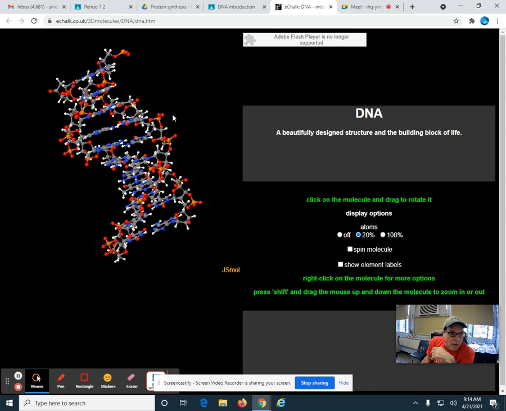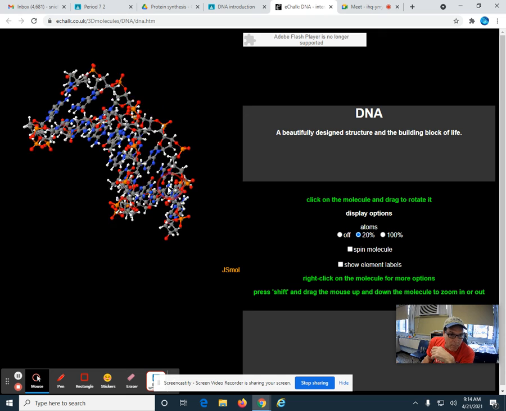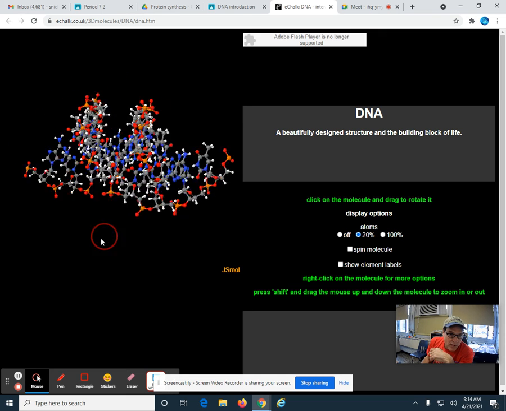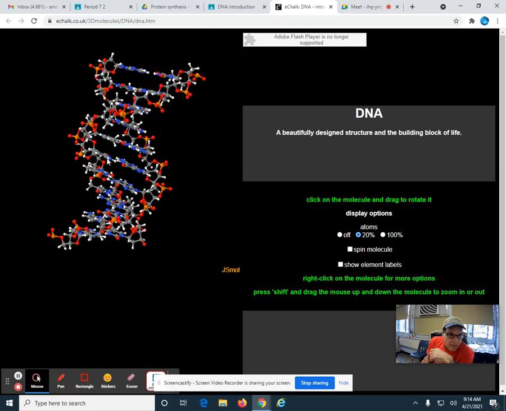So the next thing I wanted to point out about DNA is that these structures in the middle, these base pairs, there's only 4 of them: adenine, thymine, guanine, and cytosine. And why do I want to point that out to you? Because I want you to understand that we have approximately 4.5 million species of living things discovered on the planet.